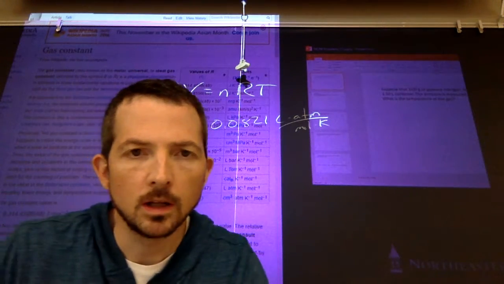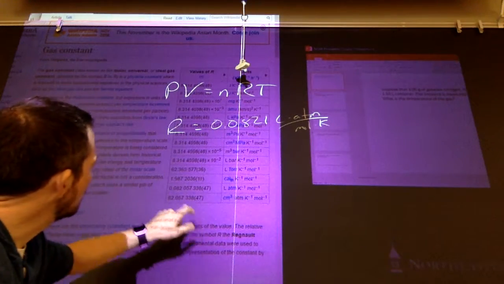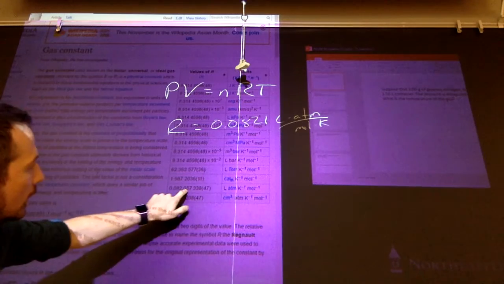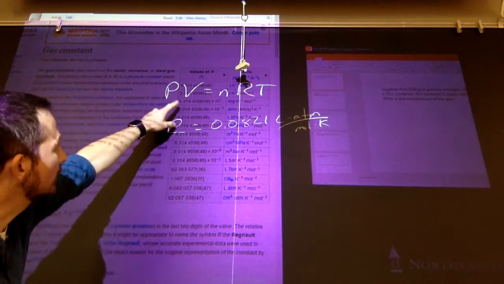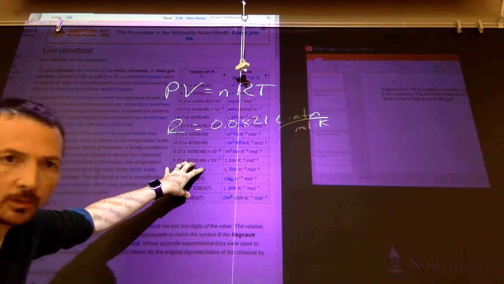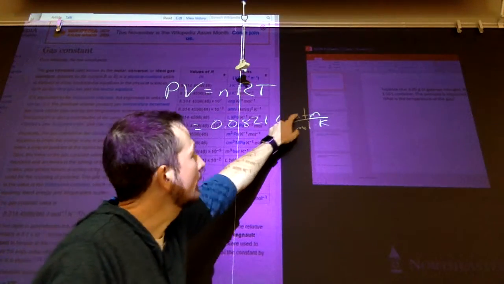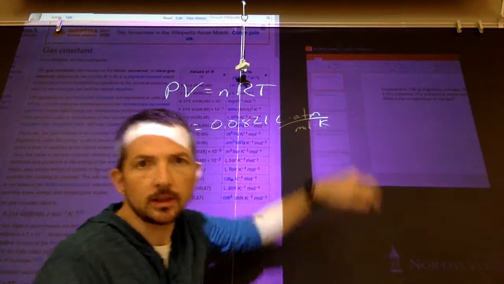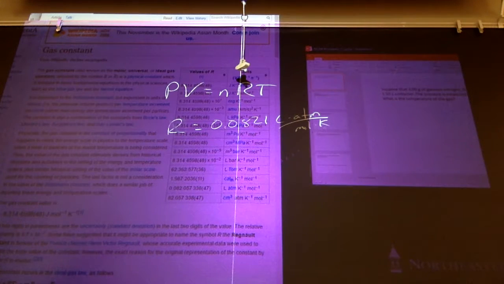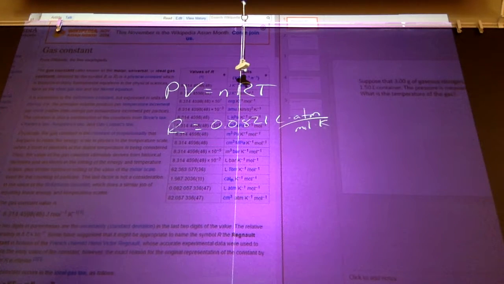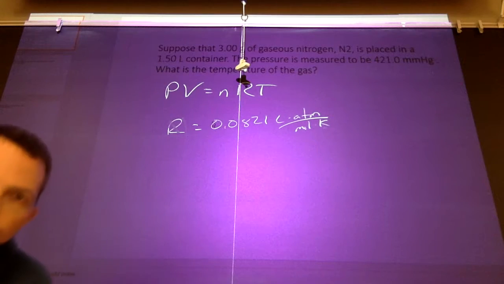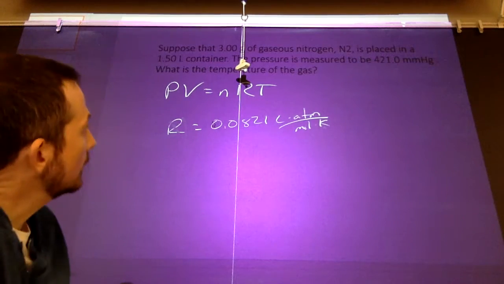So this is the one I'm using here, the 0.0821 liters atmospheres per mole Kelvin. There's a lot of different ones that you could possibly use. You just want to make sure whichever one you use that the units match up with the other quantities.